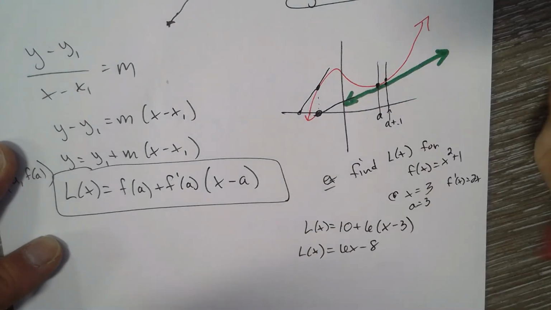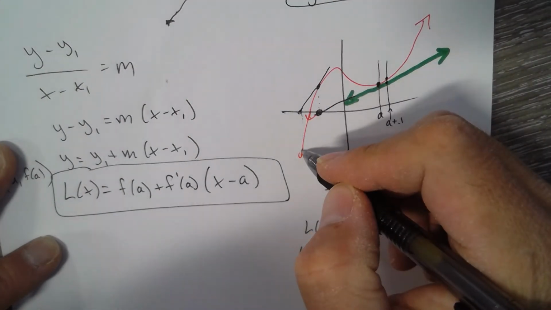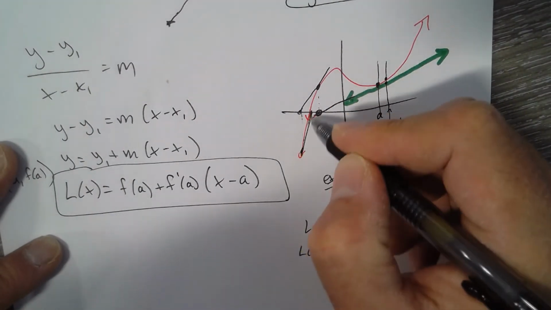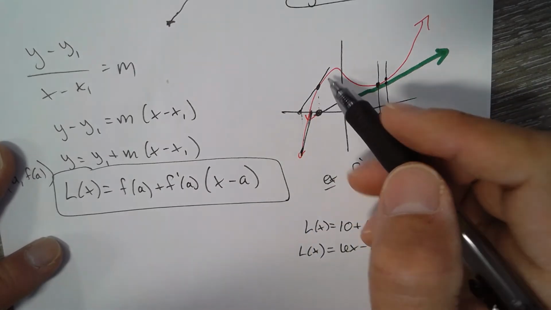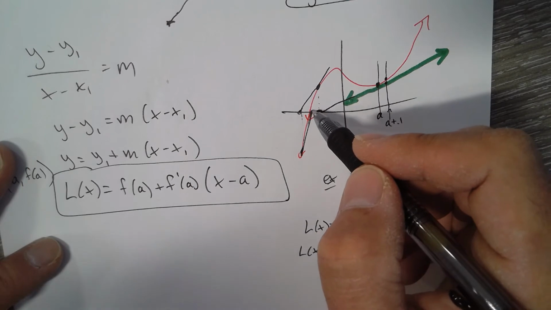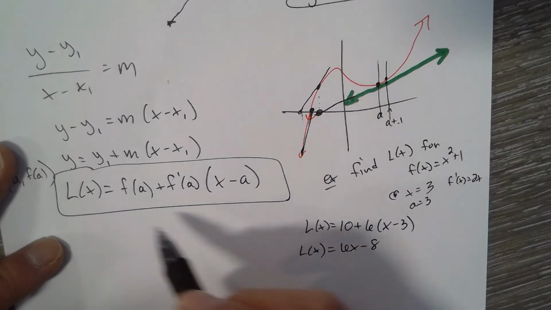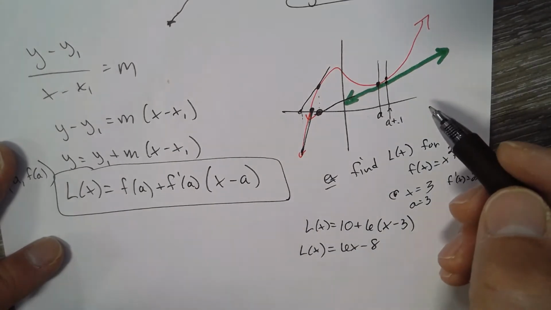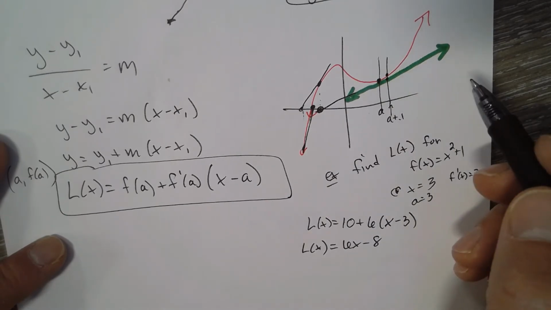Now the red one has to continue. Now we use this as our next one, and we continue to use new L of x's and the x-intercepts of them. Eventually it'll converge to one point. That's how we use Newton's method to solve equations that we haven't been able to solve before.